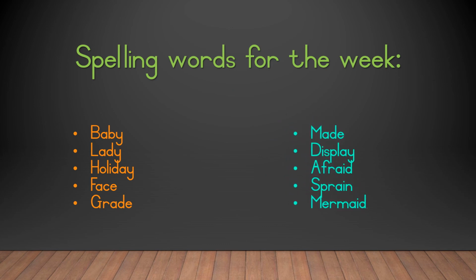If you can, I want you to write each word 10 times on a piece of paper. After that, if your parents are able to do it with you, I want them to ask you to go write it, and they must say to you 1 word at a time. For example, mermaid. And then you must write it all by yourself, without checking or anything.